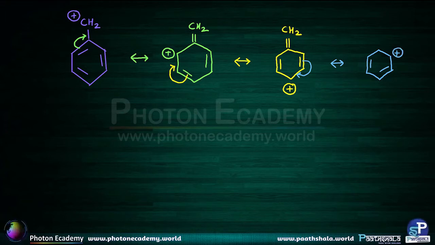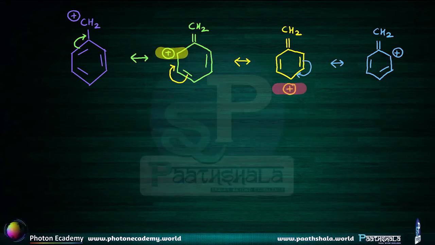Now, as you can notice, the positive charge is coming on this position, it is also coming on this position, and it is coming on this position. So notice that we have got three positions where we are having the positive charge.